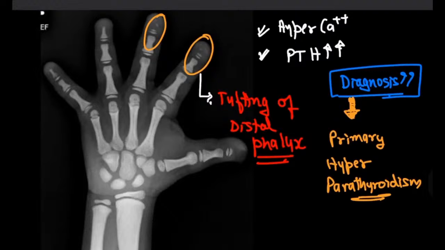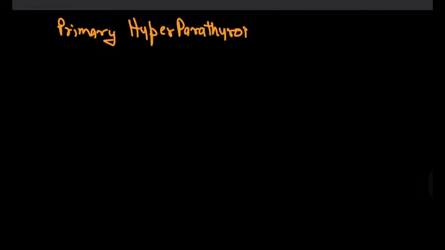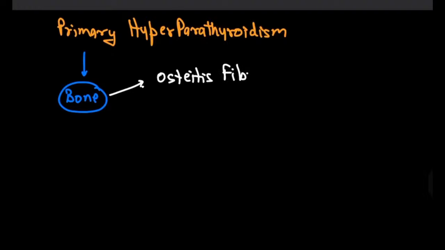Okay, so in primary hyperparathyroidism, there are a couple of findings which you get in the bone. If I ask you, what are the features which you get in the bone? Here you get something called osteitis fibrosa cystica.